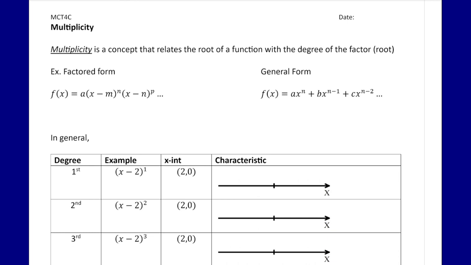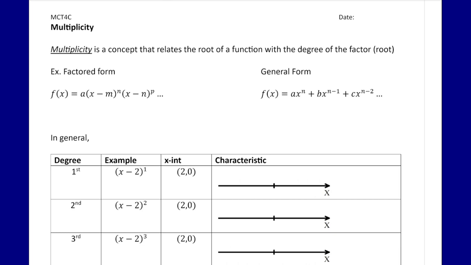Or we could have it in the general form, ax to the power of n plus bx to the power of n minus 1 plus cx to the power of n minus 2, and so on. And we've dealt with both forms. We've dealt with general forms, and we've turned them into factored forms.